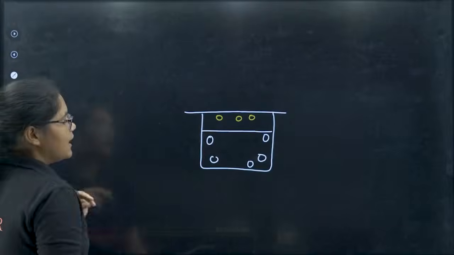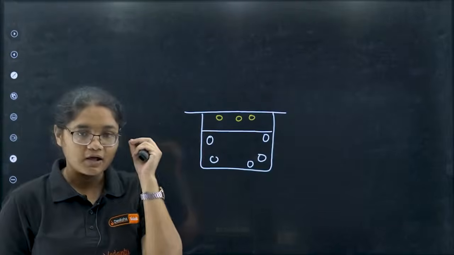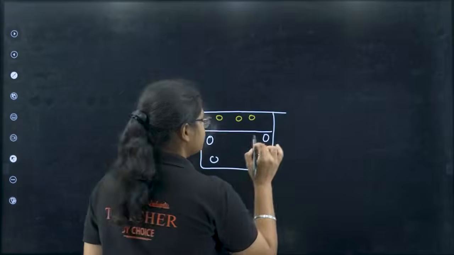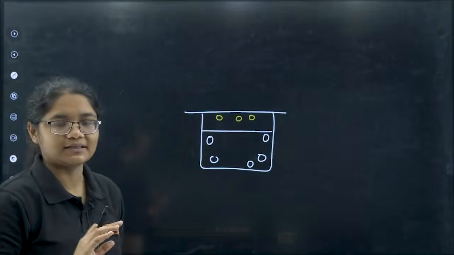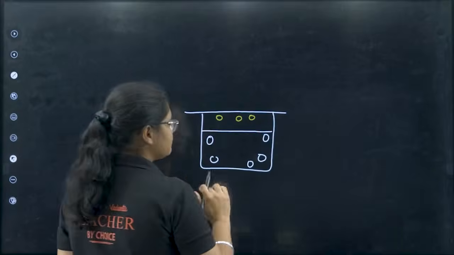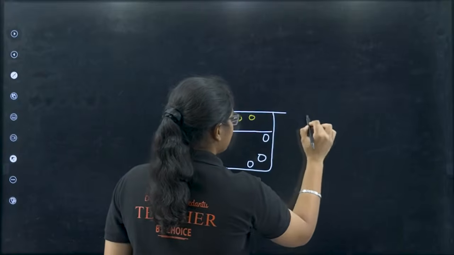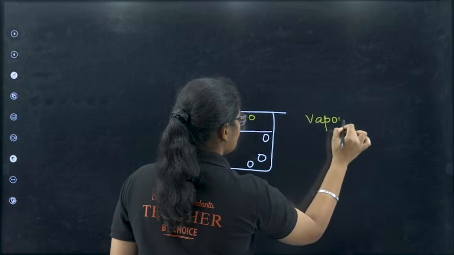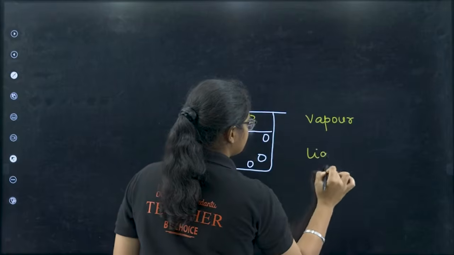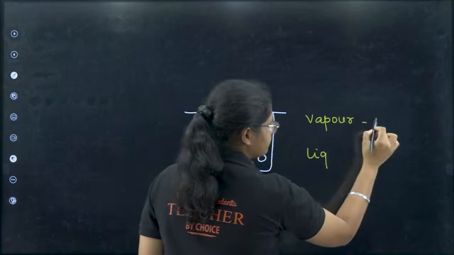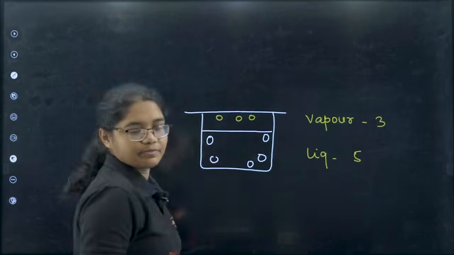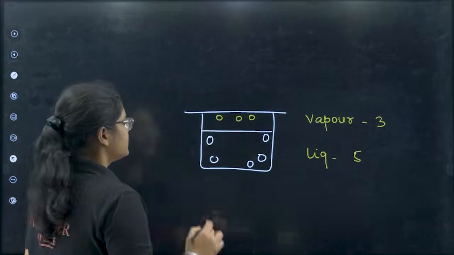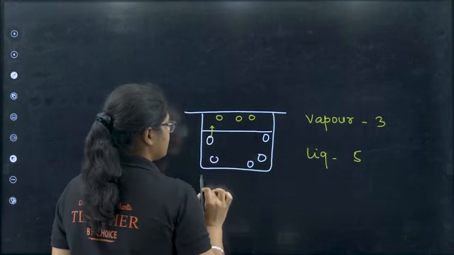Now after some time there will be a stage where the number of particles evaporating and the number of particles condensing will become the same. For example, in the vapor phase I now have 3 particles, and in the liquid phase I have 5 particles, right? Now suppose 1 particle evaporates.